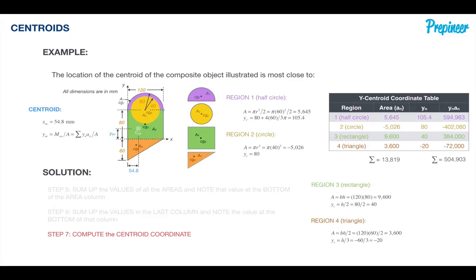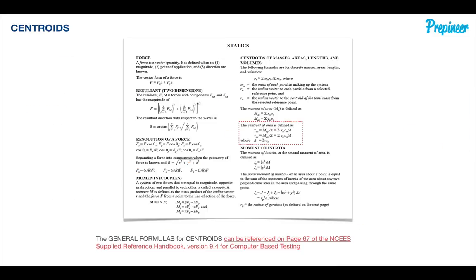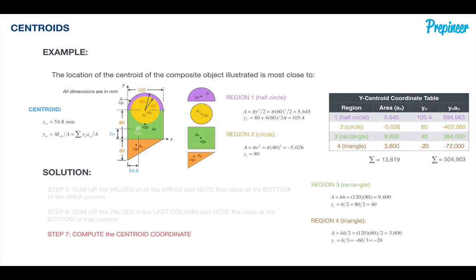That brings us to our final step, where we now have all the data we need to define the y-coordinate for the centroid of this composite object. Once again, what page do we find these formulas on? This is page 67. But we already have these formulas written out on our practice problem from when we did the x-coordinate.